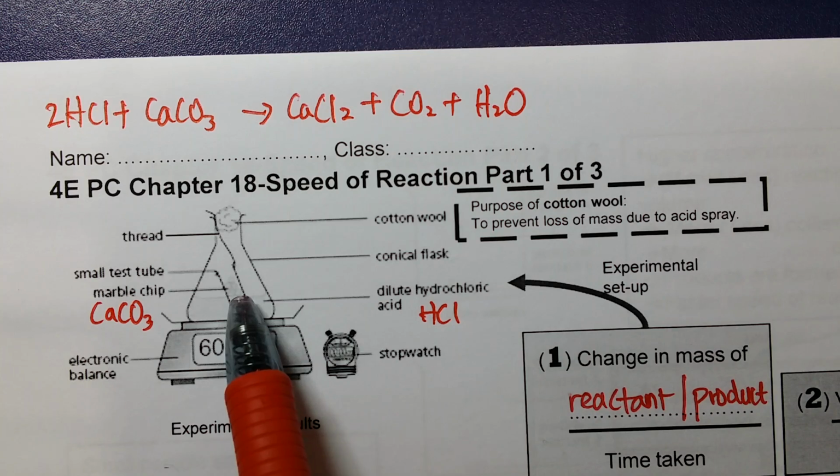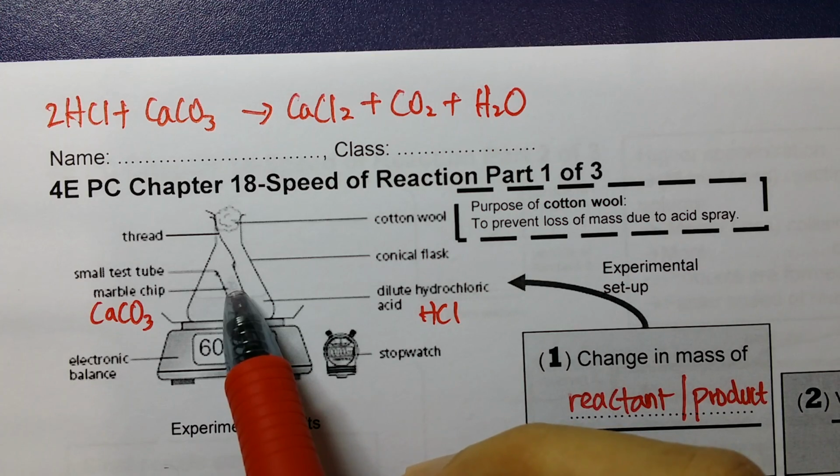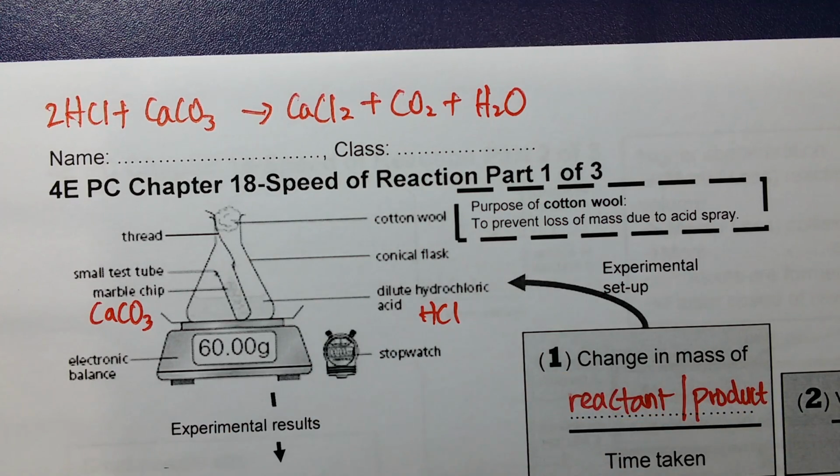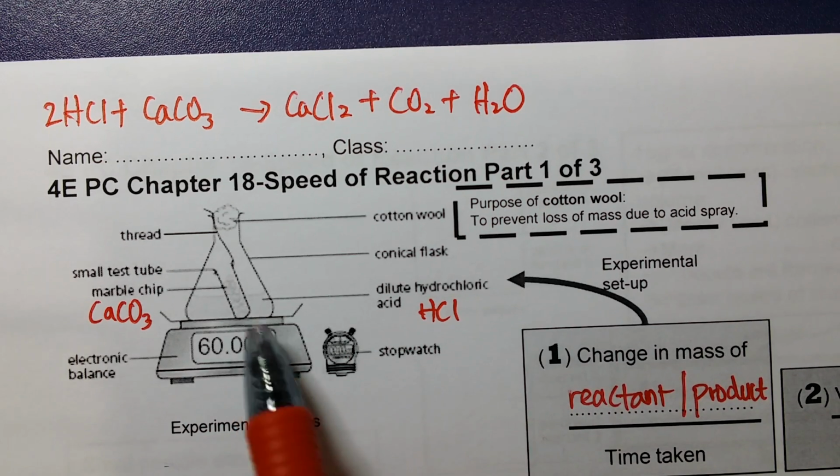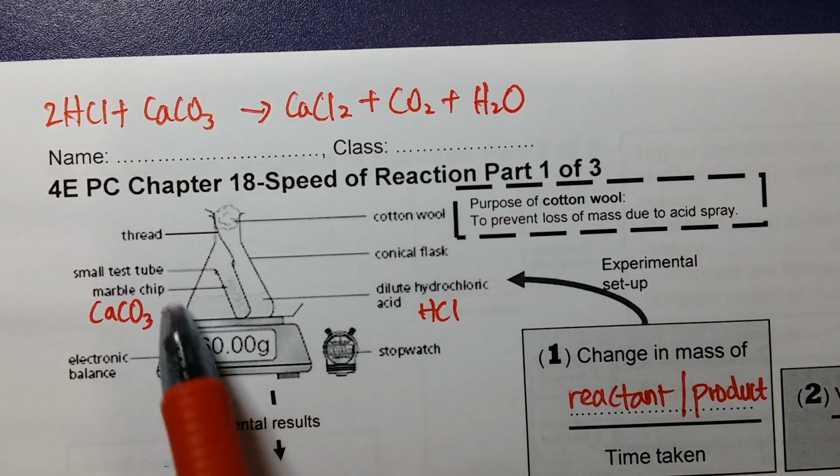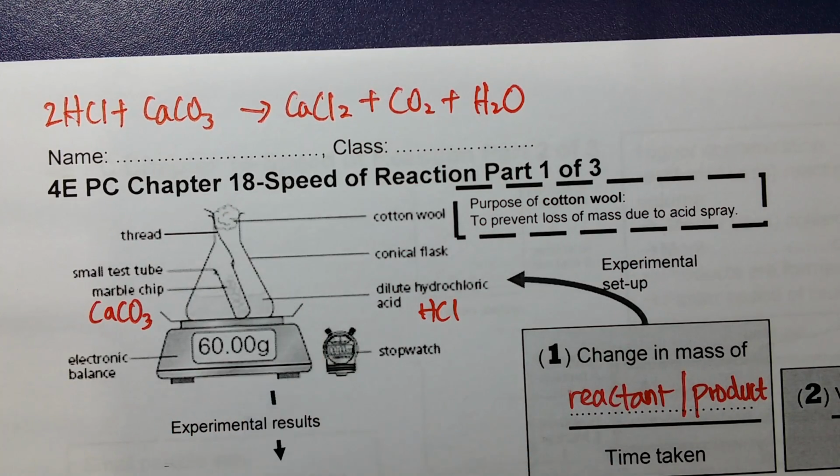This reaction is actually very vigorous, so some reactants, and in fact some products, may splash out, and that would result in loss of mass, reducing the mass of this flask.